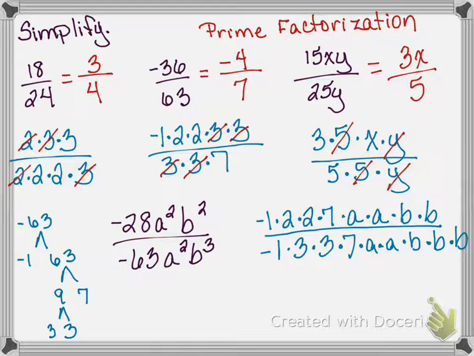Okay? I would encourage you to write it out. My negative 1s cancel. What else cancels? What is another number that cancels? Good. Okay, I have an A and an A. I have another A and another A. I have a B and a B and a B and a B. Now, don't lose that B right there.